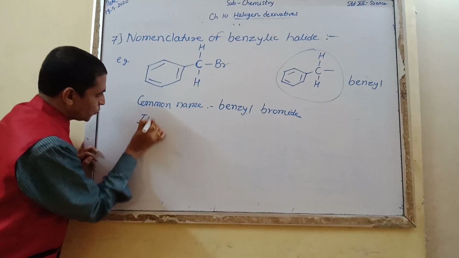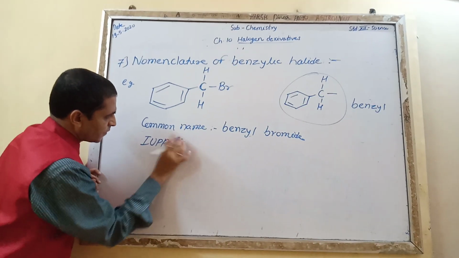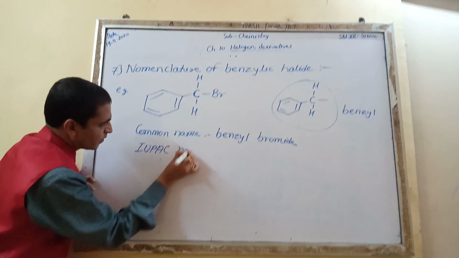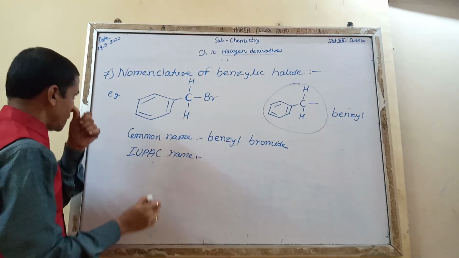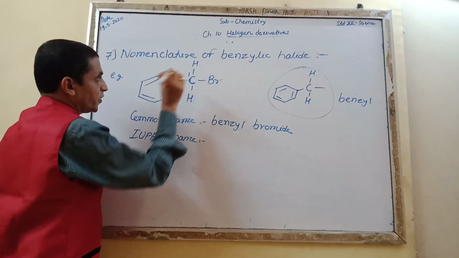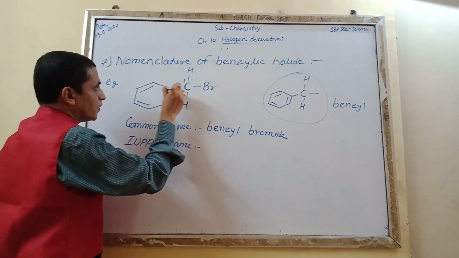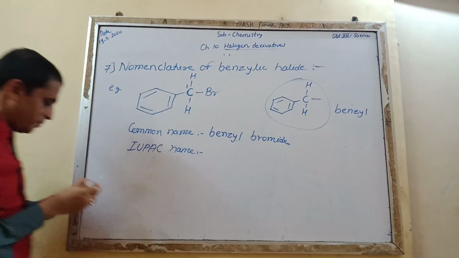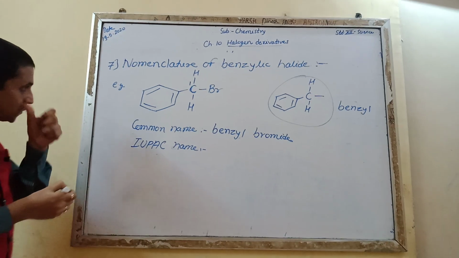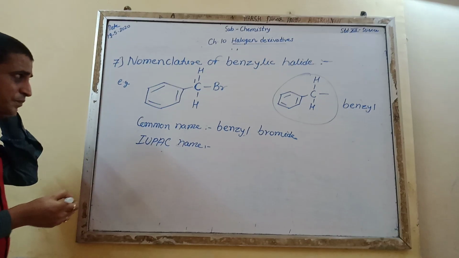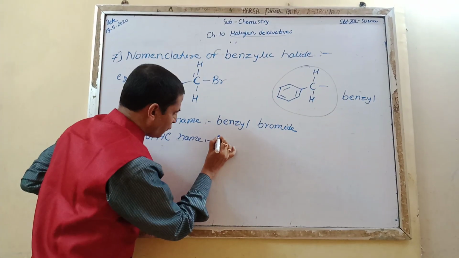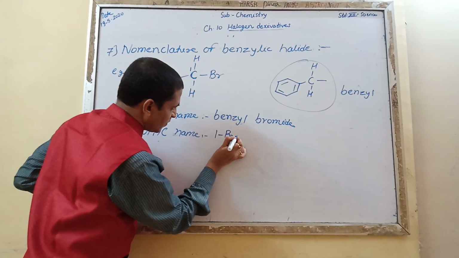Now, in order to give the IUPAC name, see here, this is the first carbon atom to which phenyl as well as bromine atoms are attached. So its name can be written as 1-bromo.